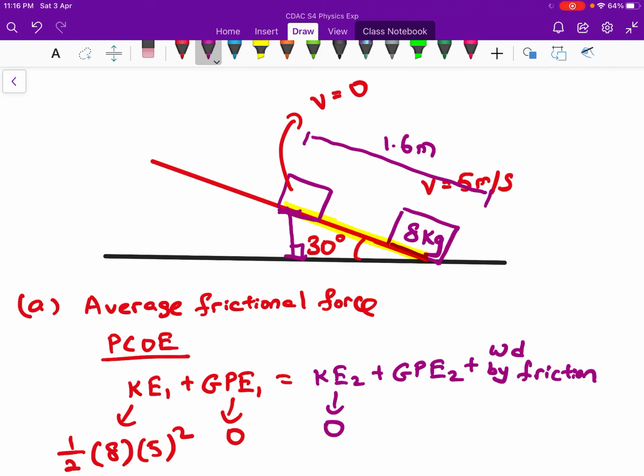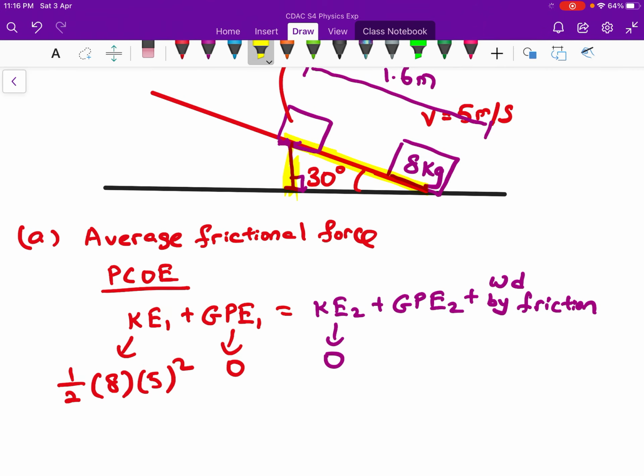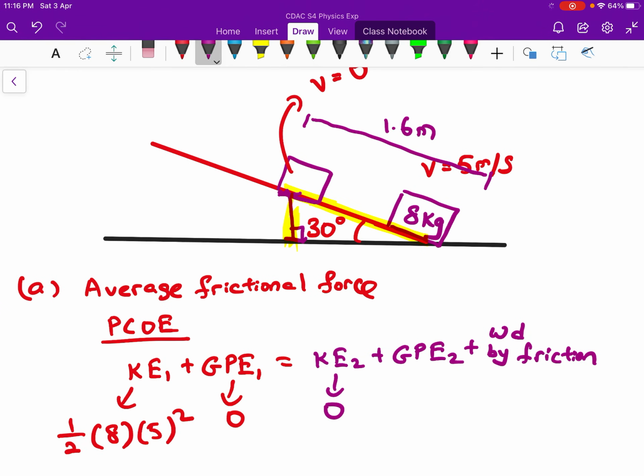I'm trying to find my opposite, so I must use sine. So this part is 1.6 sine 30 degrees, and this will be my height. If you calculate, you should get about 0.8 meter.